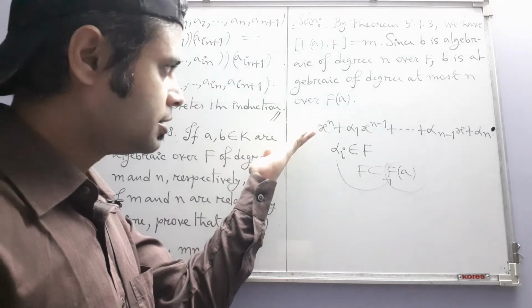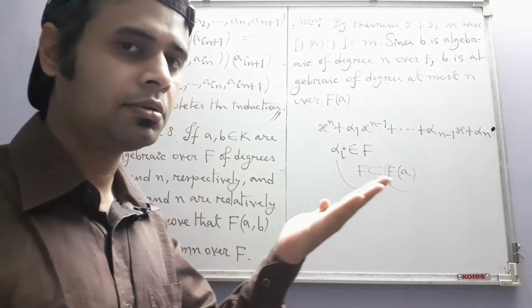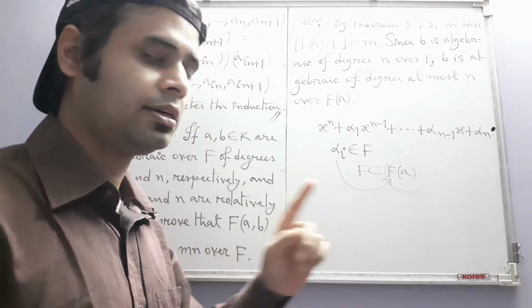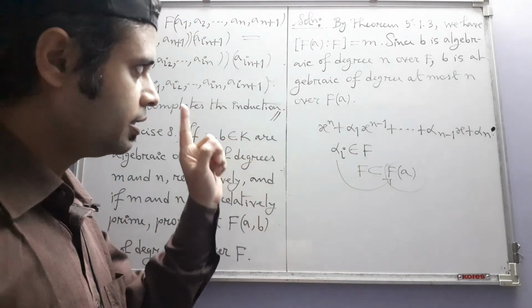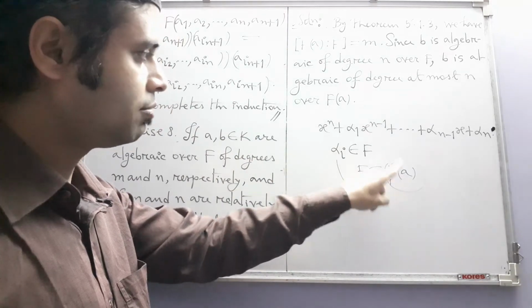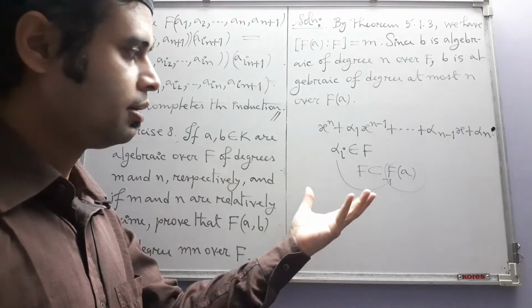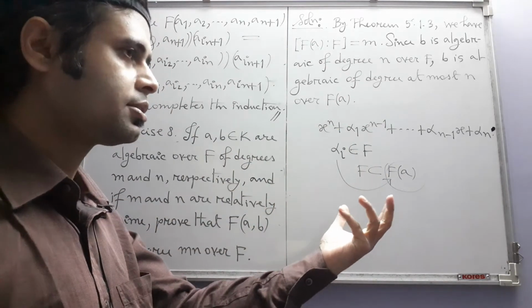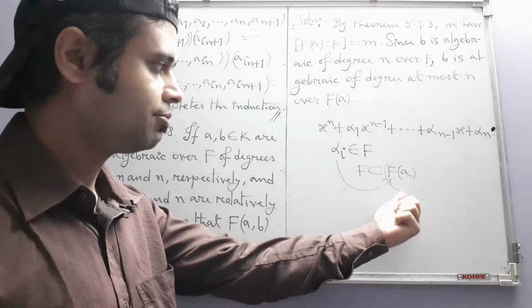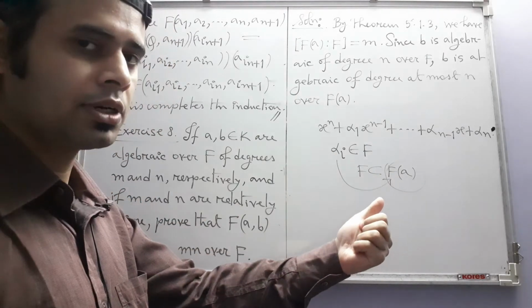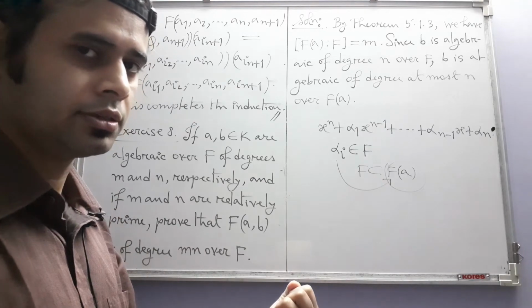If this is the smallest degree polynomial over F(a) that b satisfies, then the degree of b over F(a) will also be equal to n. Otherwise, if we find a smaller degree polynomial over F(a) that b satisfies, then the degree of b will decrease.